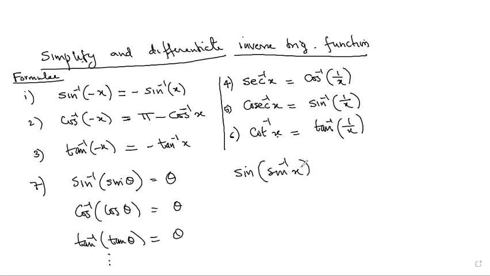Because x is a number, whereas this is an angle. Angle is denoted by theta. So it becomes x. Same way, cos of cos inverse x becomes x. Tan of tan inverse x becomes x, and so on.